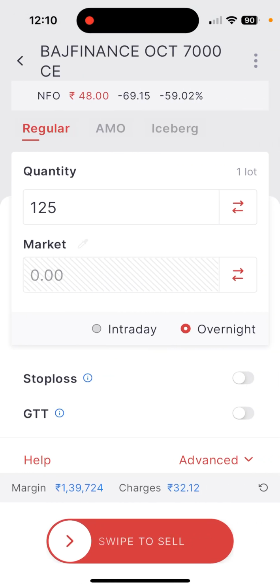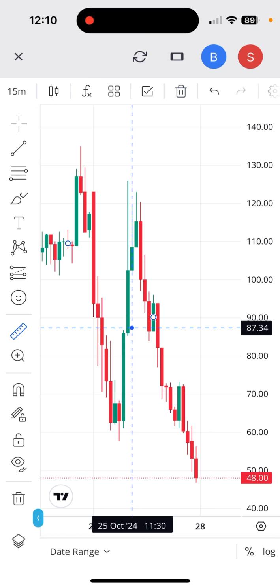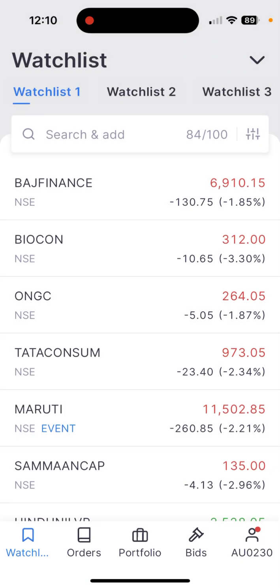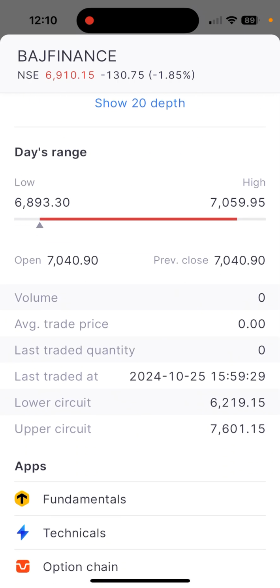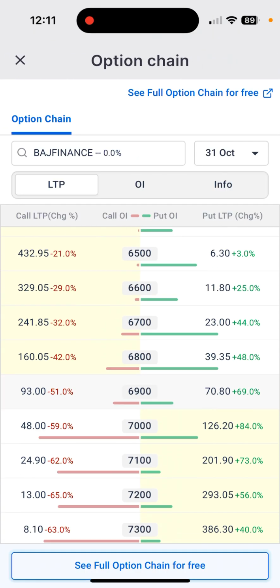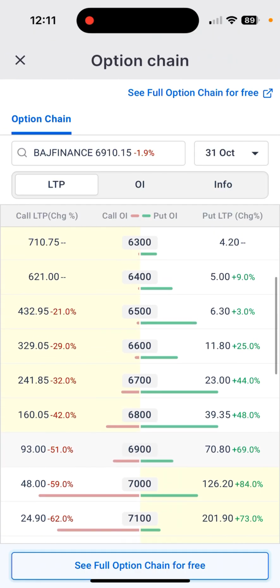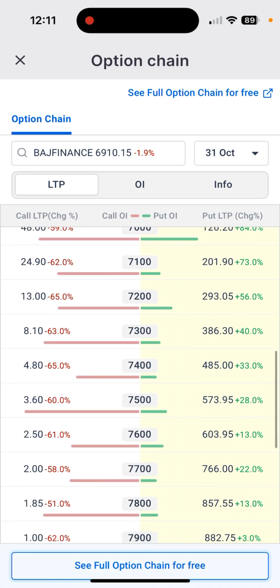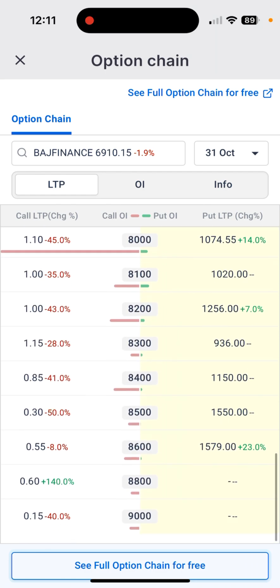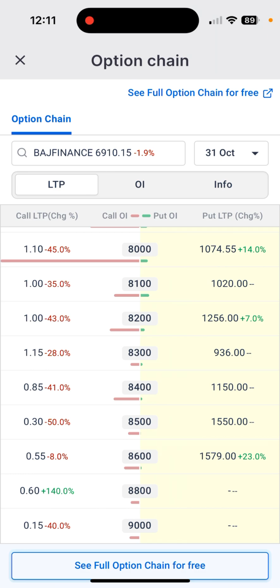And how much money do you need? The margin blockage is 1,39,000. But you can decrease the margin if you buy a small call. So you sell a call and you buy a call. Let us see the option chain. Which call would you have bought? On the left is the call, on the right is the put. So even if you would have bought the smallest call, 0.15, which is the 9,000 call, it would have been enough to make a hedge.